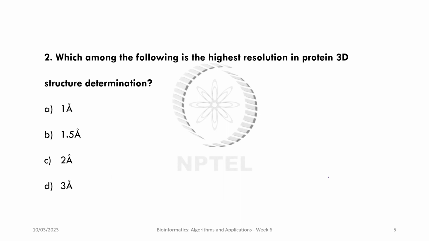Question 2: which among the following is the highest resolution in protein 3D structure determination? A 1 angstrom, B 1.5 angstrom, C 2 angstrom, and D 3 angstrom. Which among the following is the highest resolution?